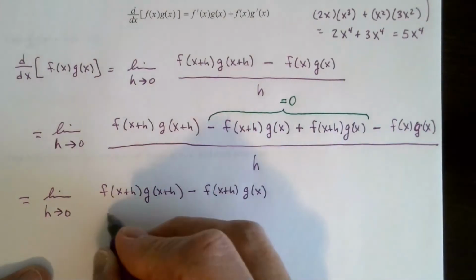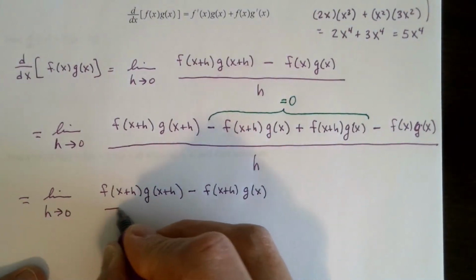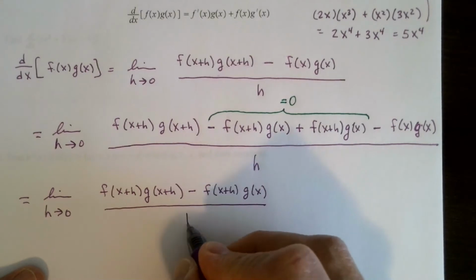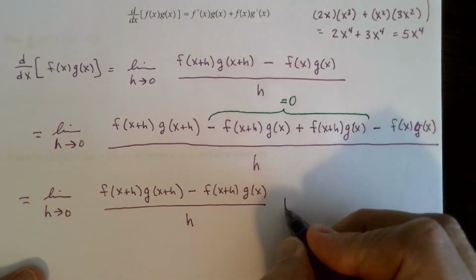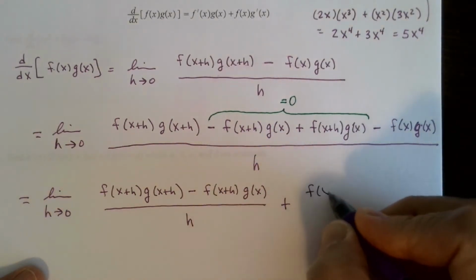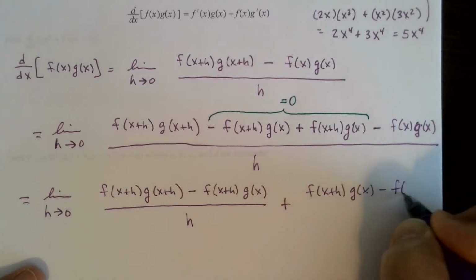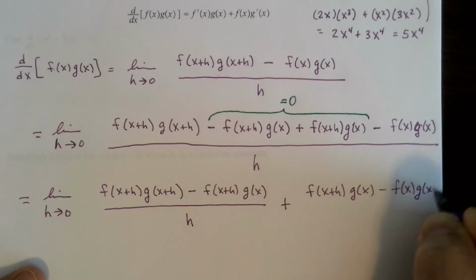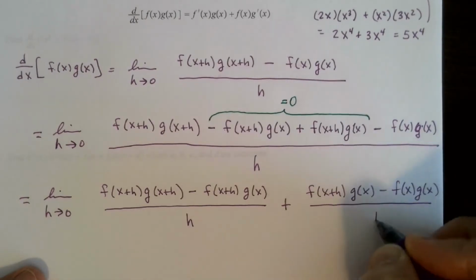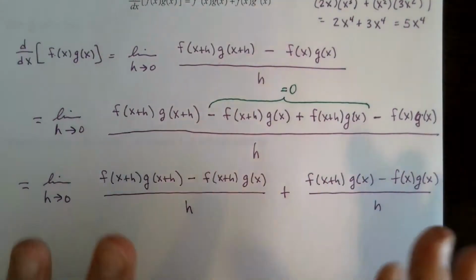Let me do it this way. I want this to be over h, and then I'm going to add this. So basically what I've done is split up the two fractions.